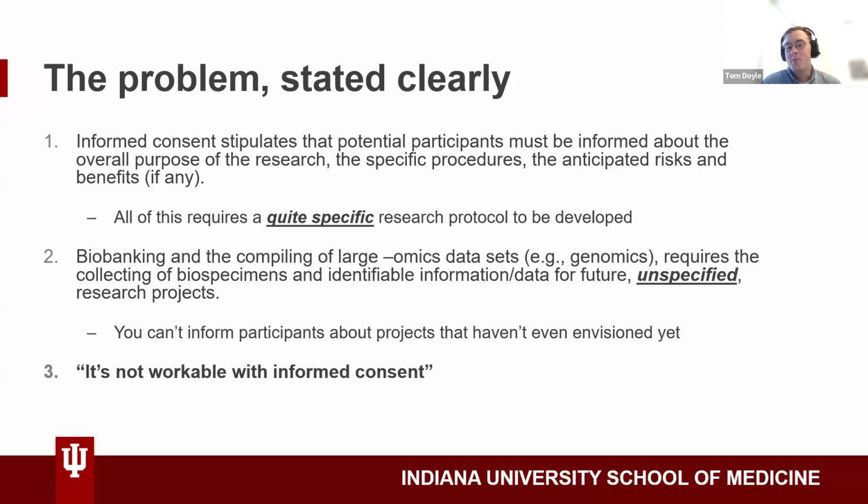So you can't inform participants about projects that haven't even been envisioned yet. You can't tell the future. You can't say, like, 10 years down the road, a researcher is going to walk in this door and ask to do this with your sample, right? And so there is a bit of a tension with being able to inform participants in a biobank, or participants whose data you're collecting for secondary usage, what that usage eventually will turn out to be.